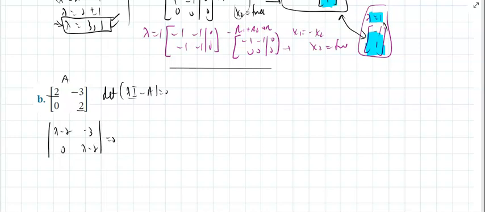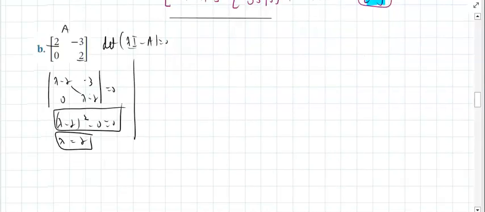Now, when you get this out of the determinant, that is lambda minus 2 squared minus 0 equals 0. This is called the characteristic equation. And once I do that, I say, okay, well, let's see. Lambda will equal 2. I'm only getting one eigenvector.